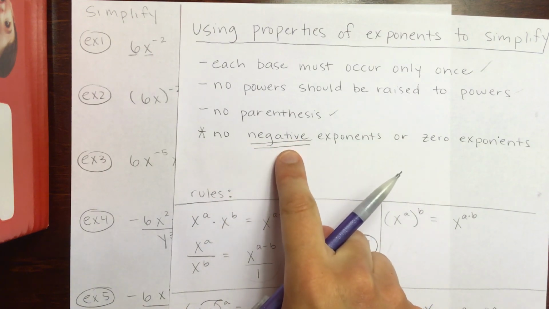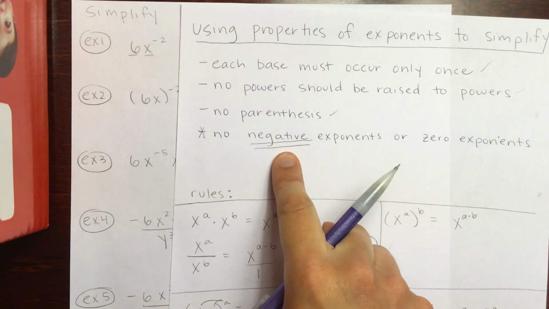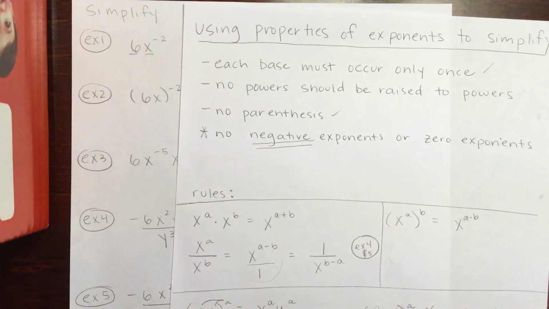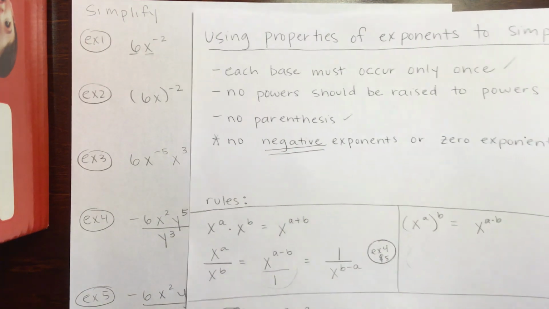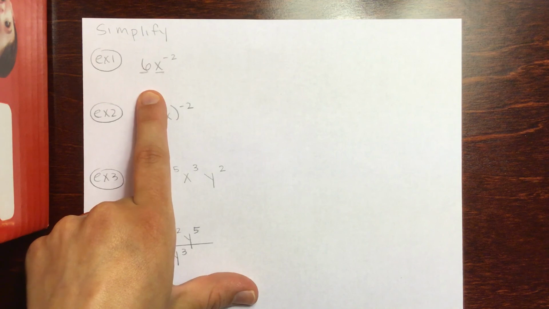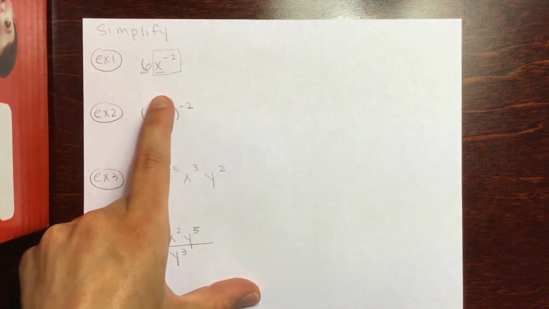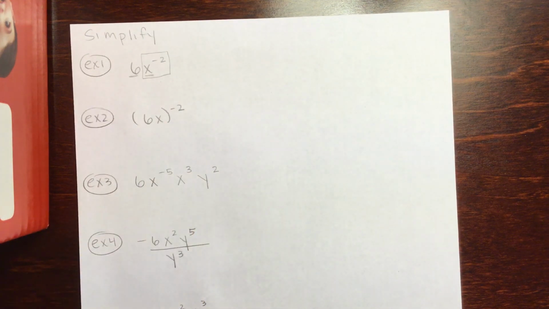No negative exponents. That's going to be, every time it's going to be on your test. Well, not every time, but it's definitely going to be on your test because I like to test you on this to check whether you know how to deal with negative exponents. Okay, so just the x is raised to a negative 2 power, not the 6.